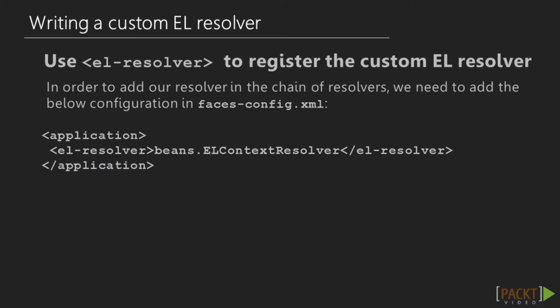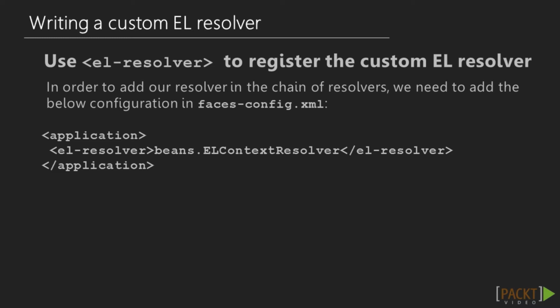So, our custom resolver is ready, but we have to instruct JSF to use it. By default, JSF will try to resolve the EL context expression via the current chain of resolvers, and is not aware of our ELContext resolver. In order to add our resolver in the chain of resolvers, we need to add the el-resolver tag in the faces-config.xml file like in this slide.